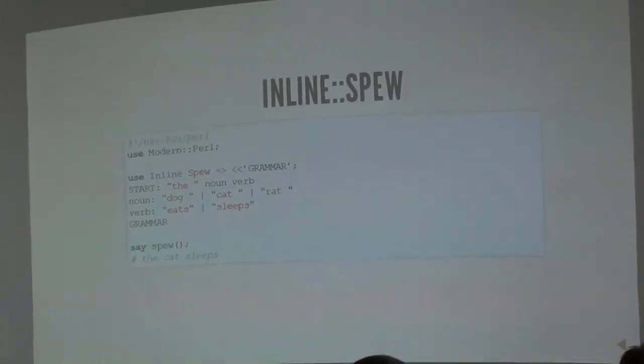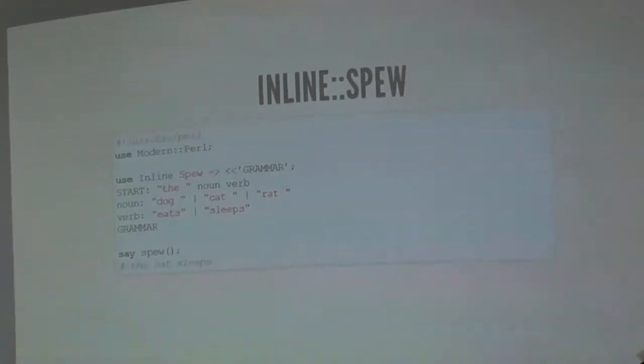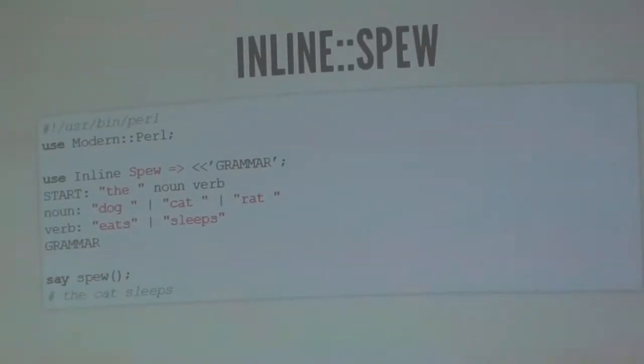And the tool that I would recommend to anyone who would like to use grammars like the one mentioned above would be the module called Inline::Spew. As you see, the grammar is defined in a very similar way.